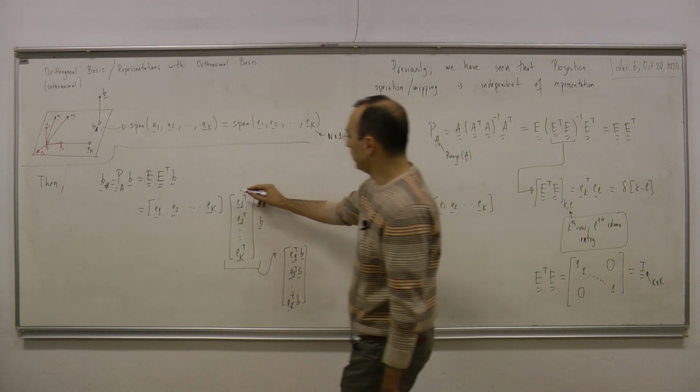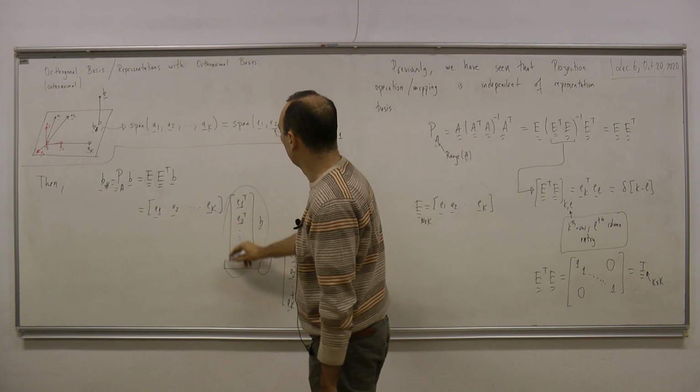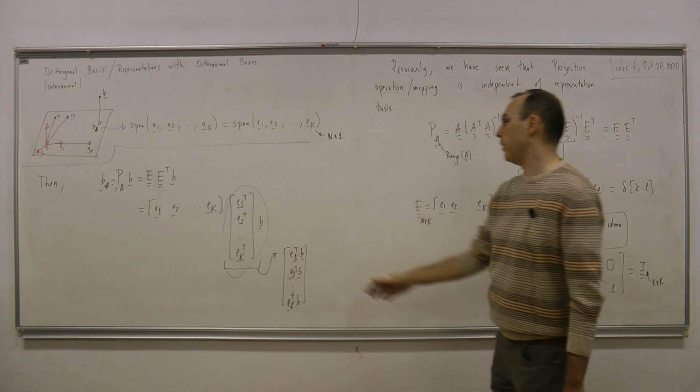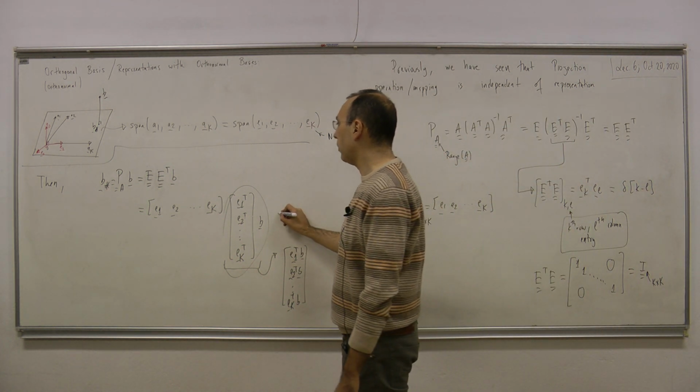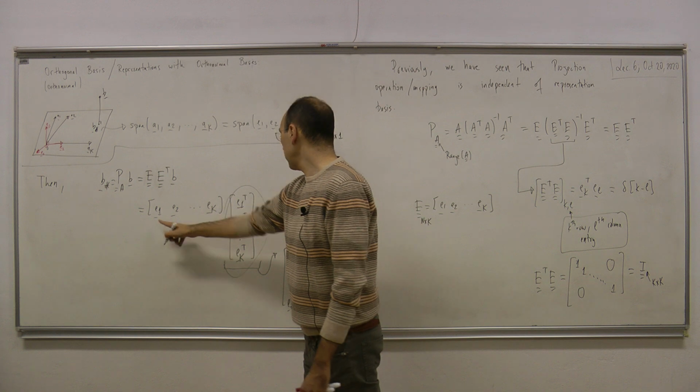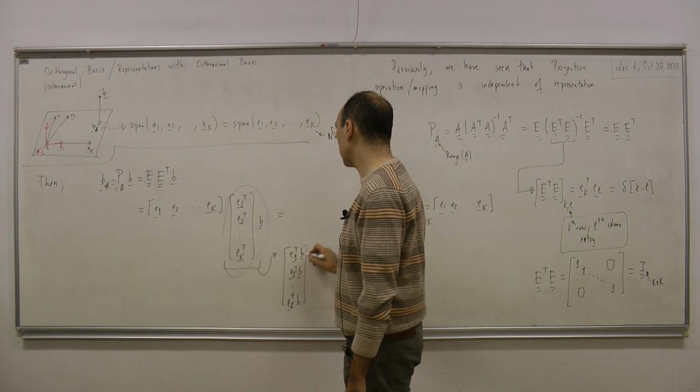So this is nothing but the product of this matrix and a vector. It's a vector, and these are scalar entries. Then what do I get? If I multiply this by this, this is just a scalar.